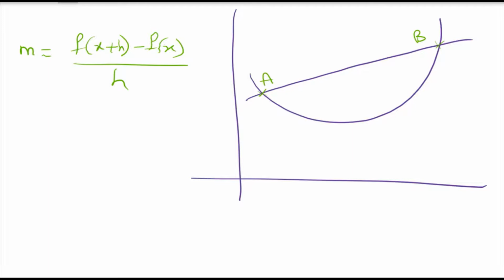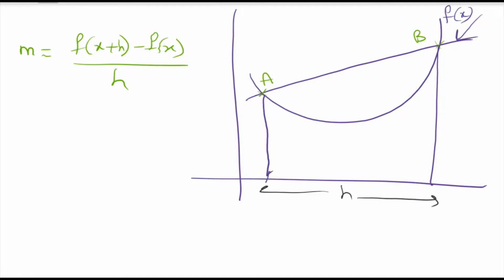This line here is called the tangent and this curve is f of x. Now this distance between 2 points A and B along the x-axis, I am calling h. Just try to imagine that this line AB here is moving away from this curve, so it is moving in this direction now.